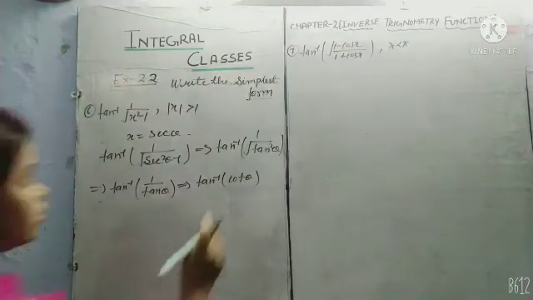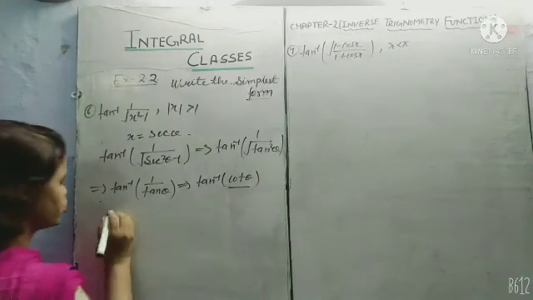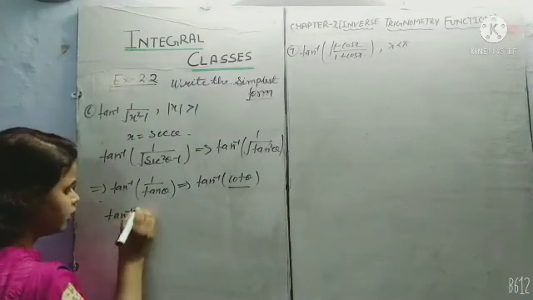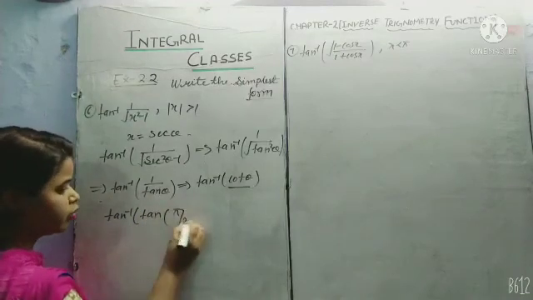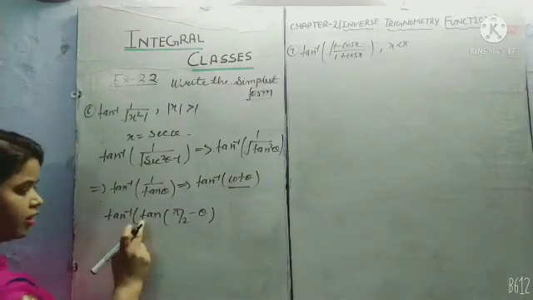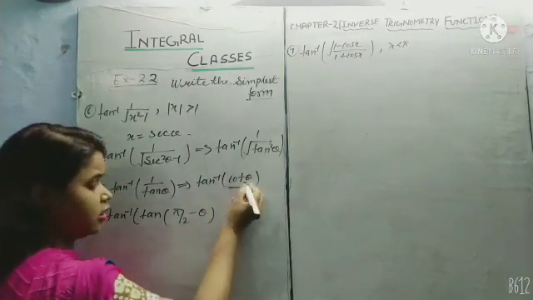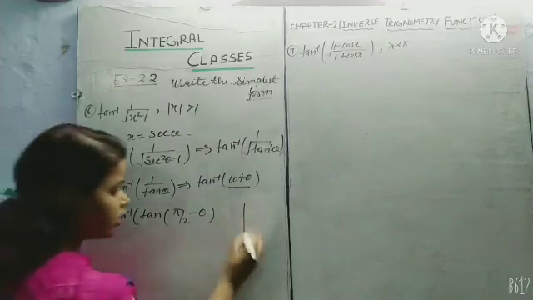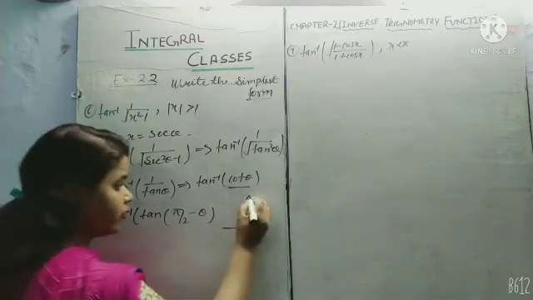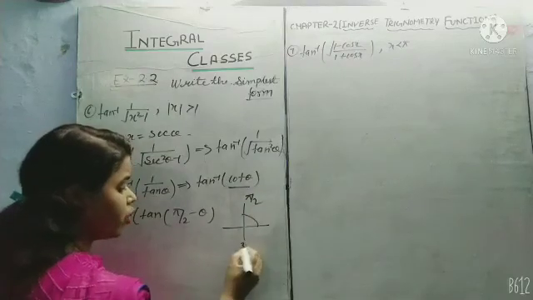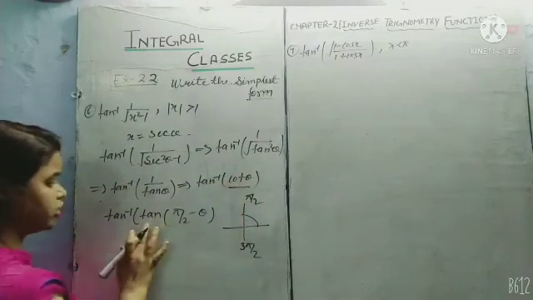Now how can we change cot theta into tan theta? So student, we have to write here tan inverse tan (pi by 2 minus theta). If tan of pi by 2 minus theta, then we know that it changes into cot theta, because if we draw the quadrant, in the first quadrant all are positive, and if we consider pi by 2 or 3 pi by 2, then tan changes into cot or cot changes into tan.